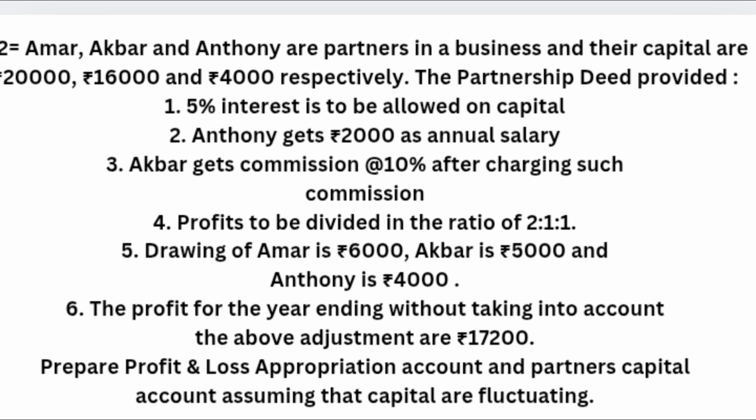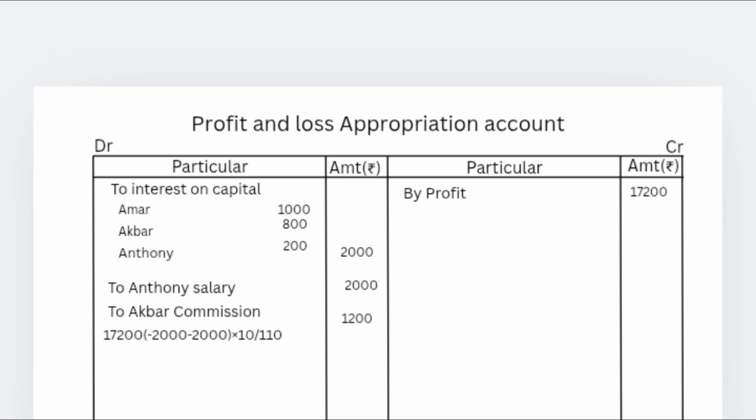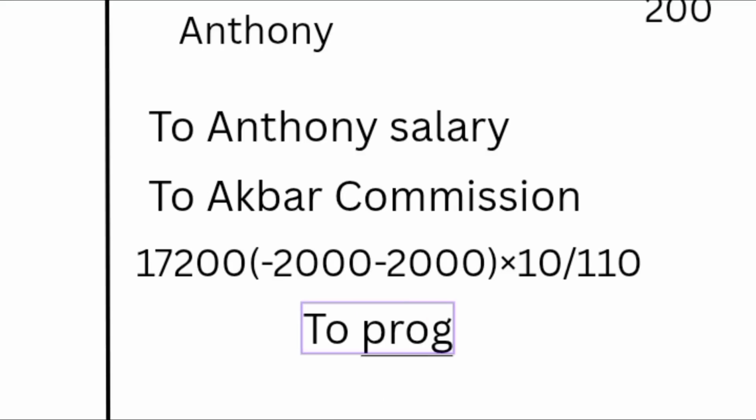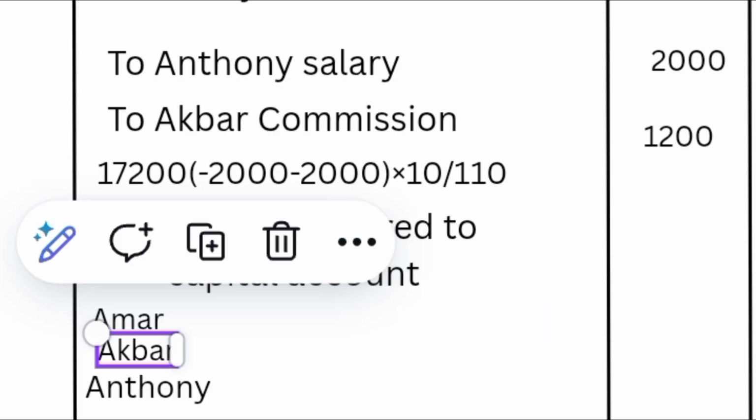The drawings will be taken in the partner's capital account. The profit for the year is also finished, so we have to calculate the profit. Then the total amount is 17,200 on the credit side, and on the debit side also it is 17,200.